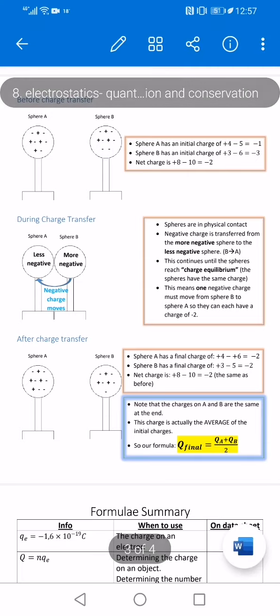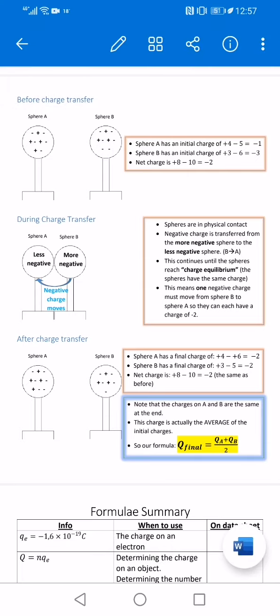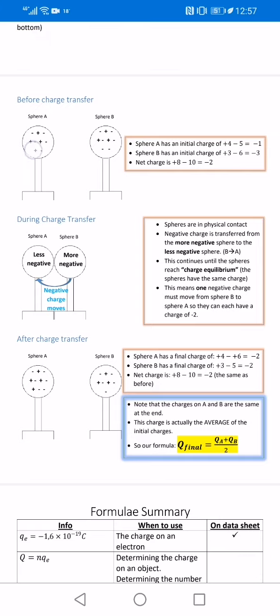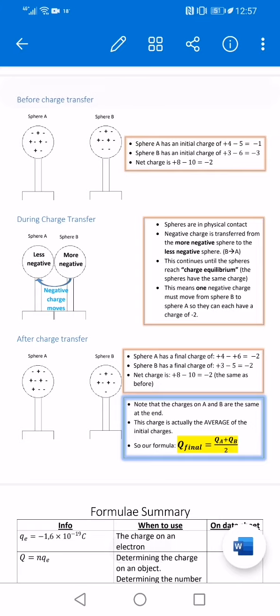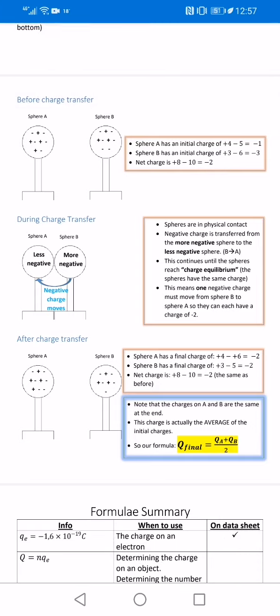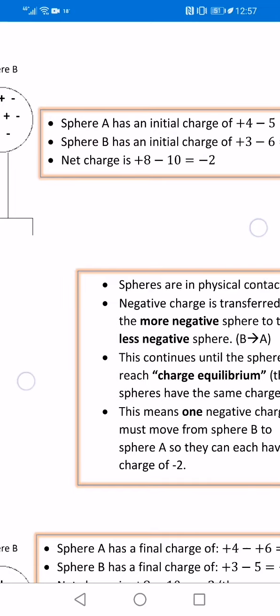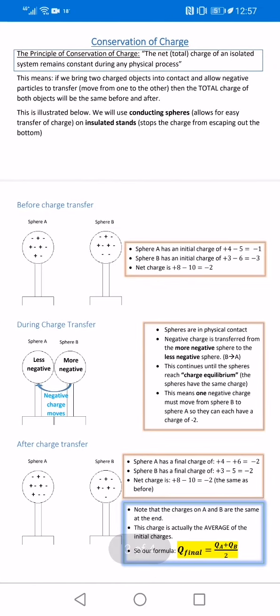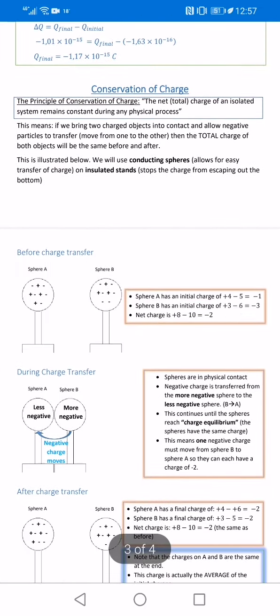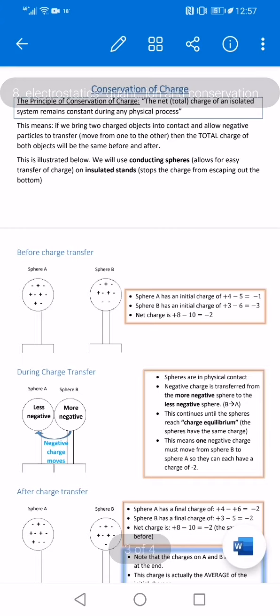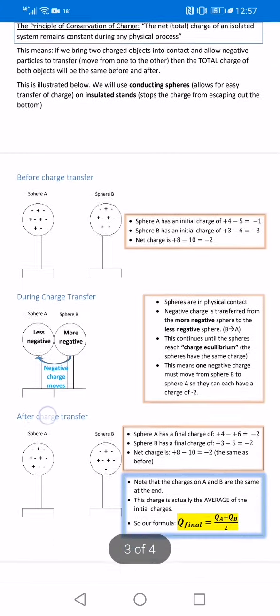Sphere B has an initial charge of -3 because I've got 6 negatives and 3 positives, and that means my net charge is -2. In total I have 8 plus signs and 10 minus signs, so my net charge is -2. Remember that the net charge at the beginning was -2 because we're going to compare it to the end, and it should be the same. That's what the principle of conservation of charge says.